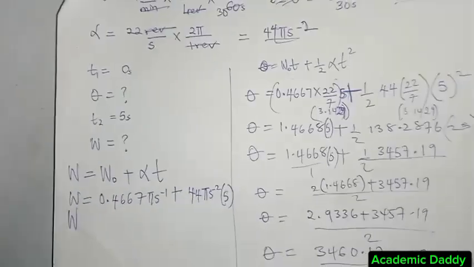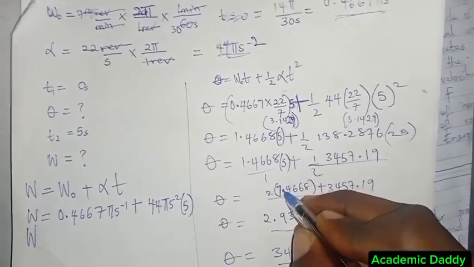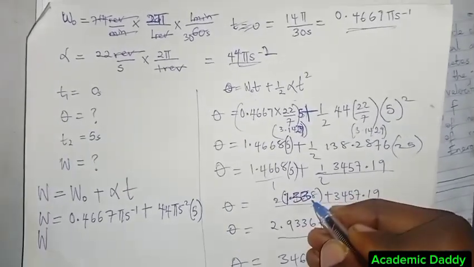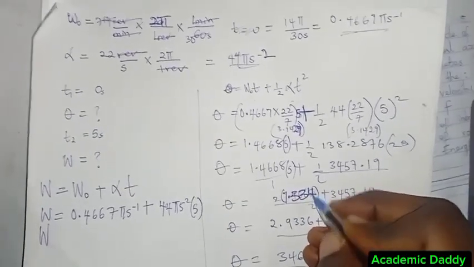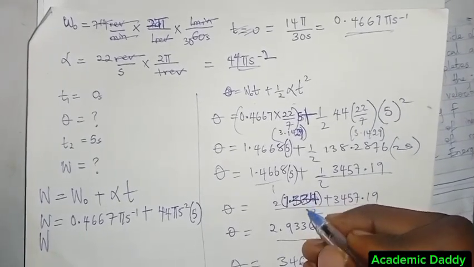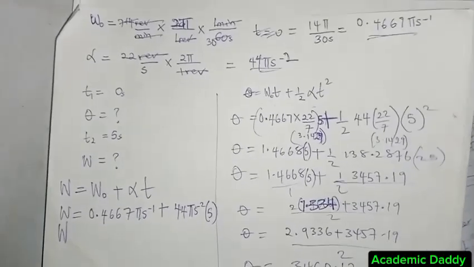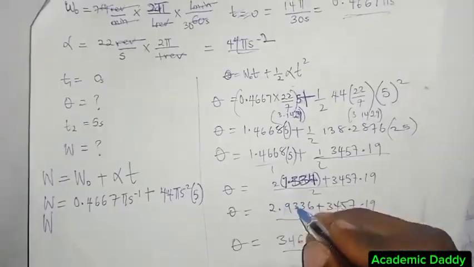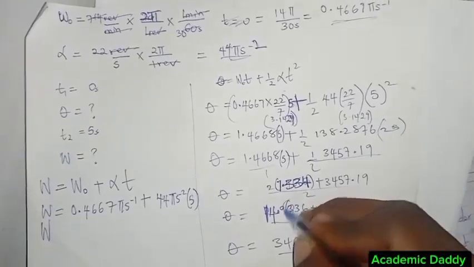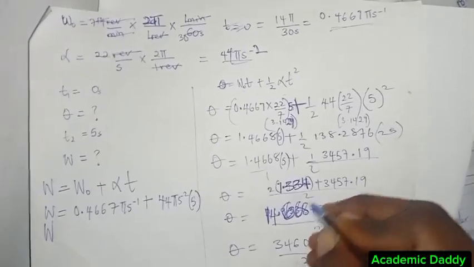So what I'm supposed to have here is 7.334. So 2 times 7.334 is going to be 14.668.